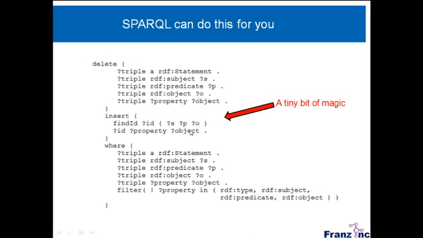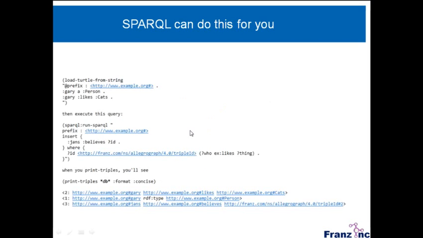So say I say that Gary is a person and Gary likes cats. Yeah, say I load this in the Triple Store. Then I can execute this query. I can say, well, insert Jan's beliefs ID where the ID of triple ID, and then where, no, sorry, let me start again. Say you added this to the Triple Store. Yeah.